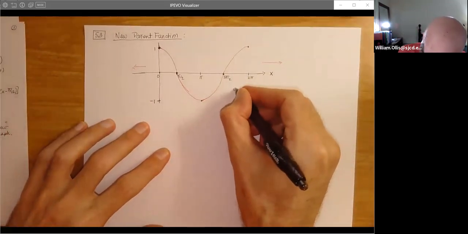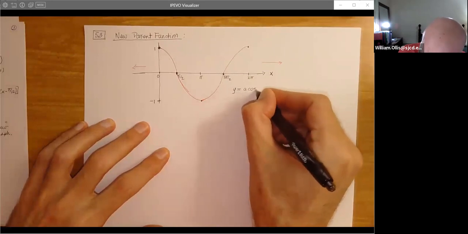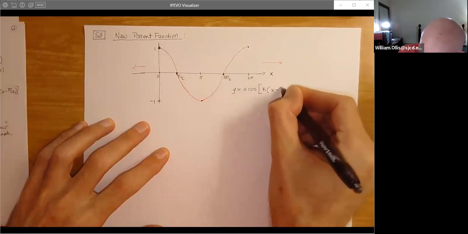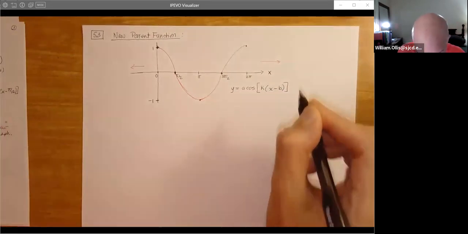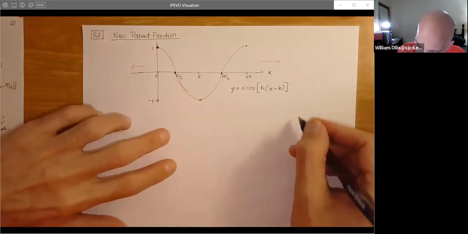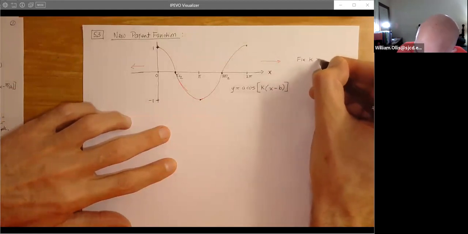So the basic graph of the cosine will be A cosine(Kx - B). You're looking at this and thinking, okay, those are the kinds of letters we used before, but a little variation. So what we're going to do is fix K to be a positive number.